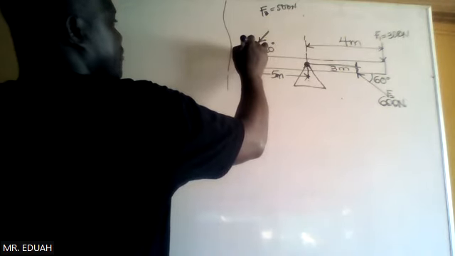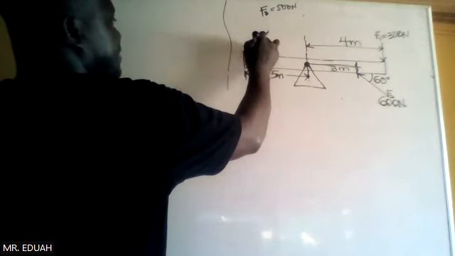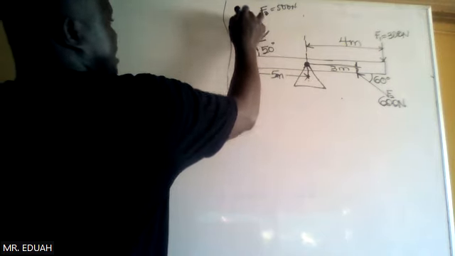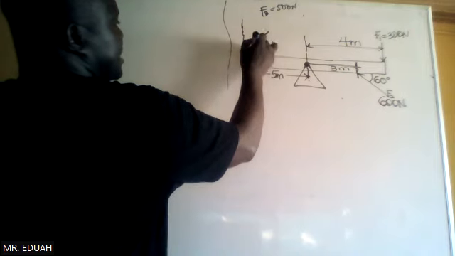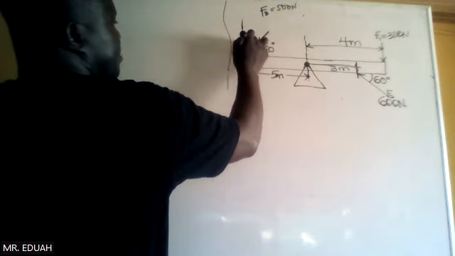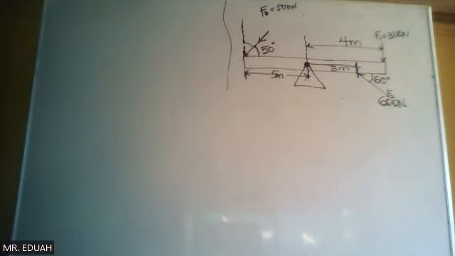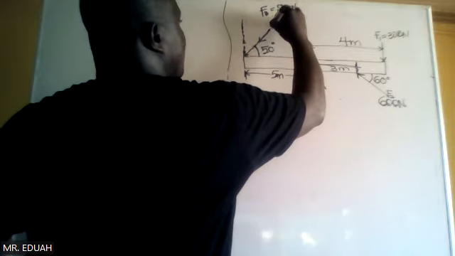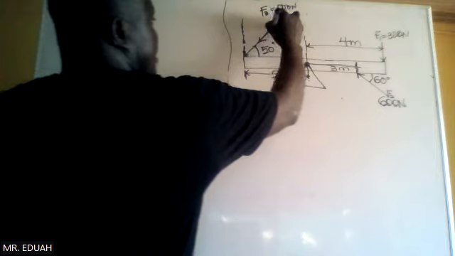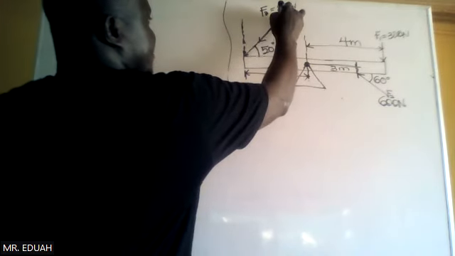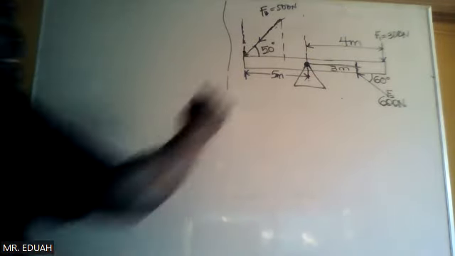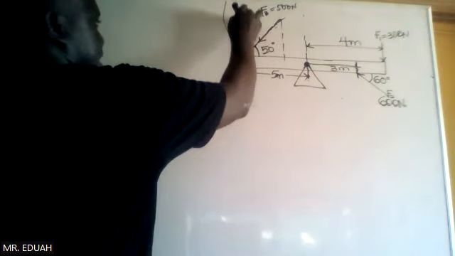When we resolve this component, if this angle is 50, the remaining angle can be 40, or I can maintain the 50 as I was given. This will be the vertical component of it. Equal vectors: this side is the same as this side.